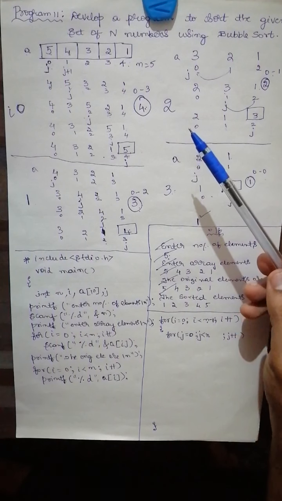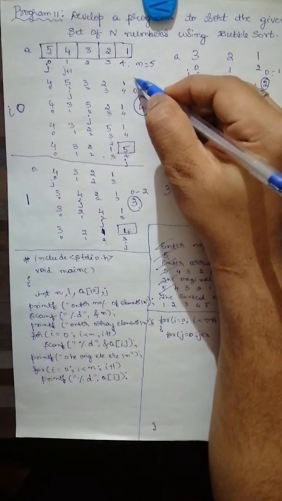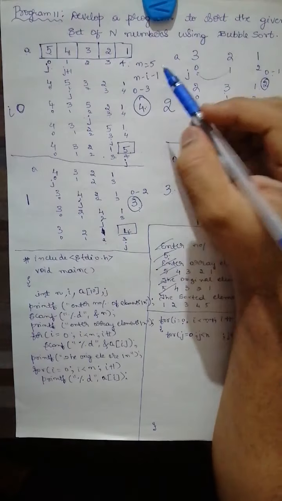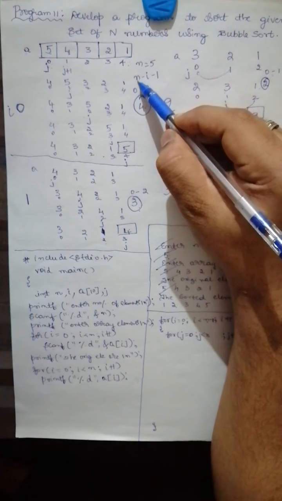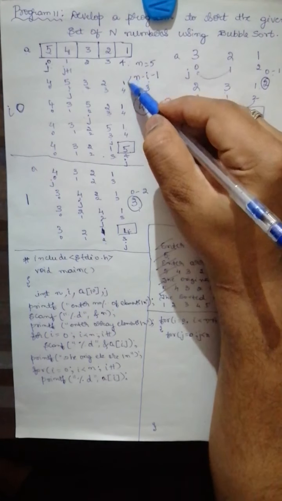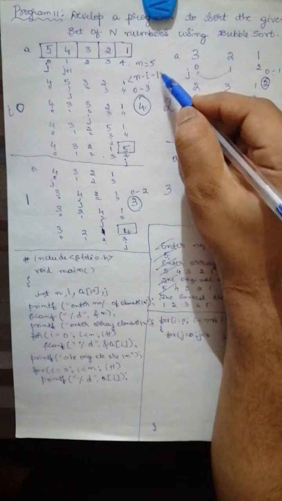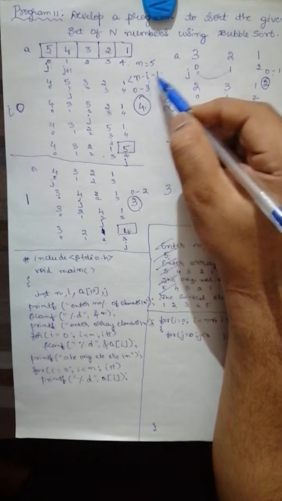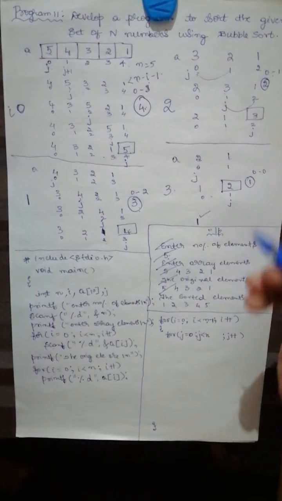Then what must be the condition? Shall I say n minus i minus 1? See, i value is 0. 5 minus 0 minus 1, so it will be 4. Less than n minus i minus 1, so 5 minus 0 is 5, minus 1, 4. Less than 4 means I will traverse up to 3.